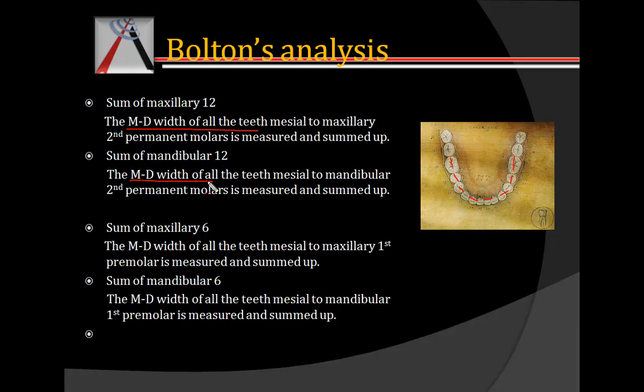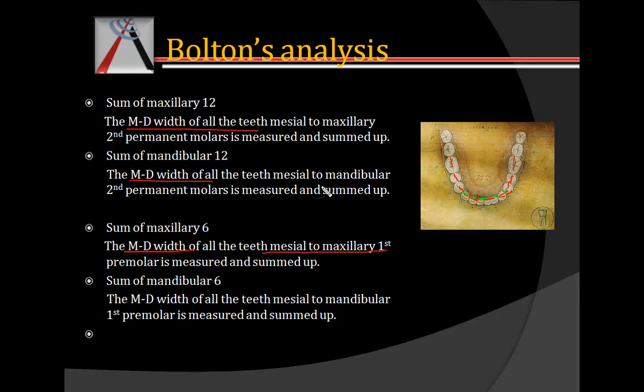For the anterior ratio, we have a sum of maxillary 6, which is the mesiodistal width of all teeth mesial to the maxillary first premolar, which is measured and summed up. Similarly, for the sum of mandibular 6, the mesiodistal width of all teeth mesial to the mandibular first premolar is measured and summed up.